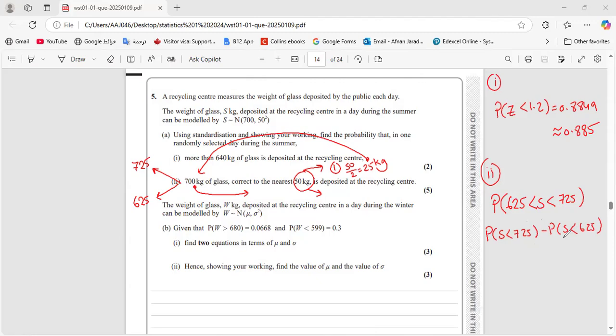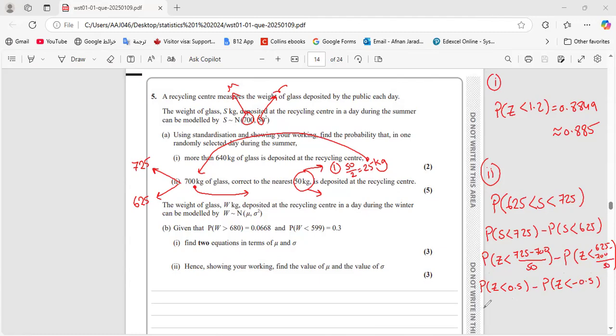This one you need to convert to Z: the probability of Z less than (725 minus mu) over sigma, where mu equals 700 and sigma equals 50, minus the probability that Z is less than (625 minus 700) over 50. So the probability of Z less than 25 over 50, which equals 0.5, minus the probability of Z less than negative 25 over 50, which is negative half.